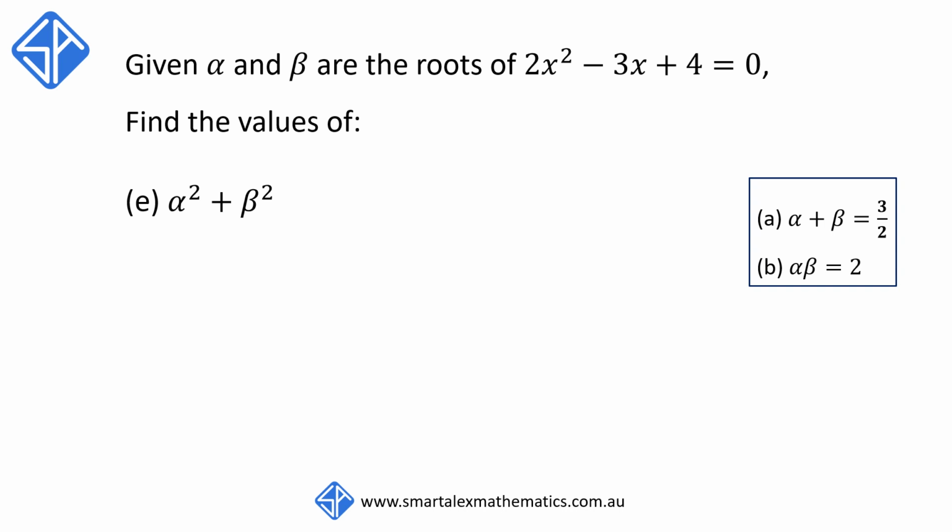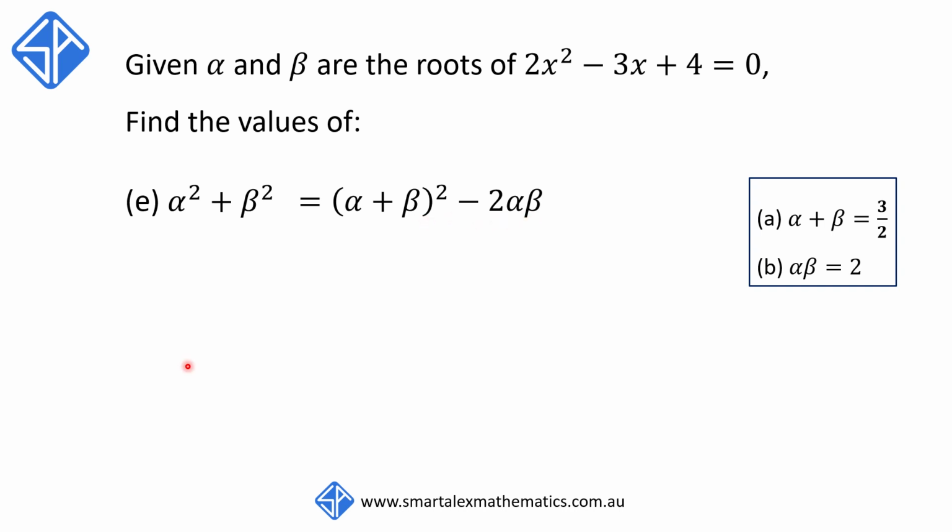Our last expression, we now want to find the value of alpha squared plus beta squared. This expression comes up quite often in a lot of exercises and exams, so it's useful to just memorize that alpha squared plus beta squared is equal to alpha plus beta all squared minus 2 alpha beta.